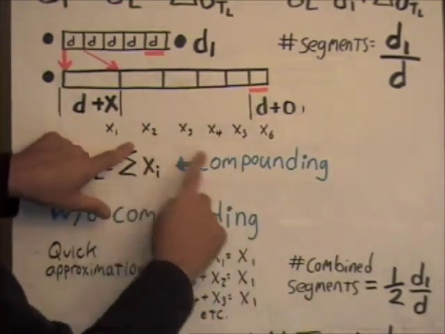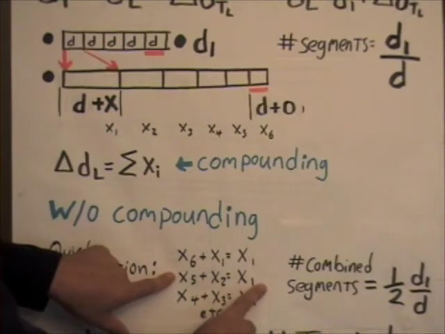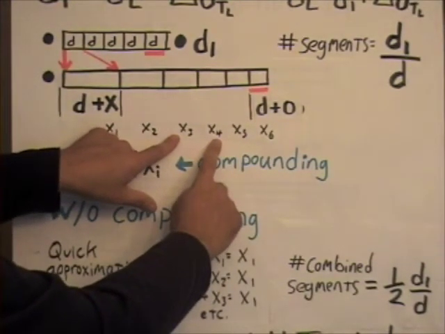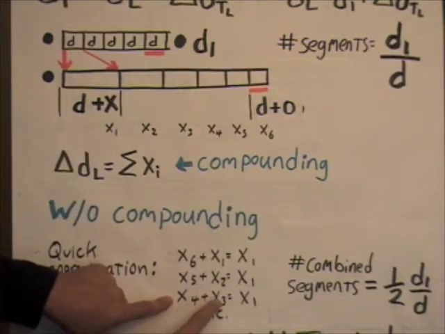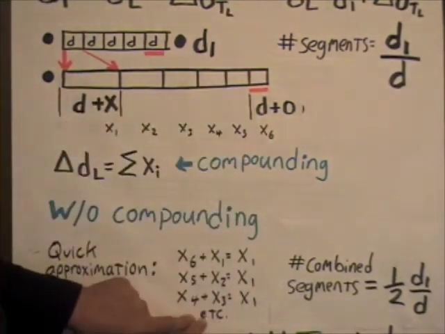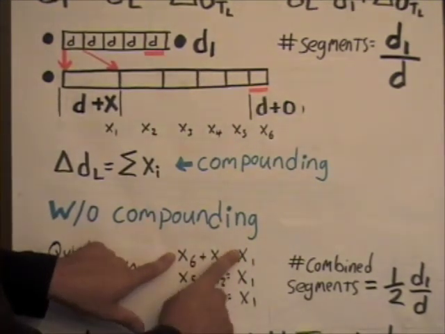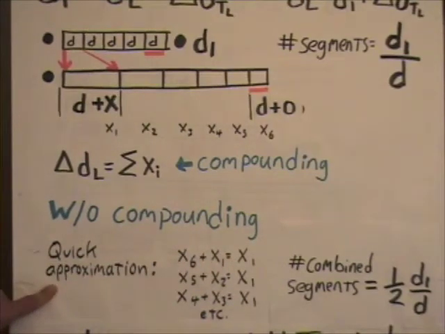So let's assume that if we add x5 plus x2, we also come up with x1. And then we do it for each pair of segments all the way along. x4 plus x3, moving towards the middle, etc. And each of those pairs gives us the same total, x1. That's a quick approximation.